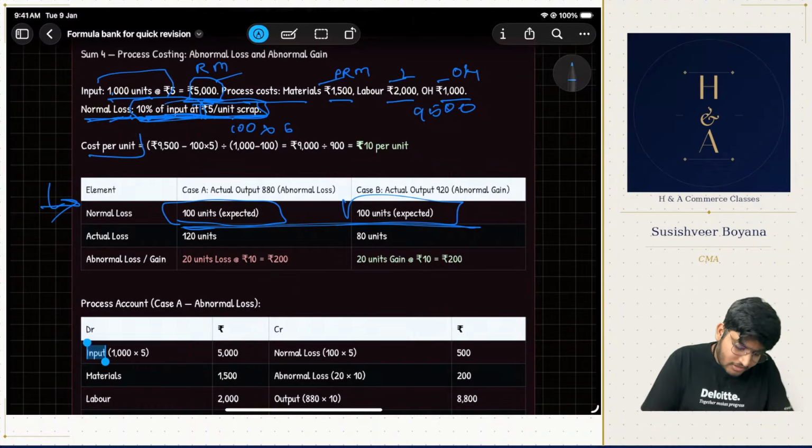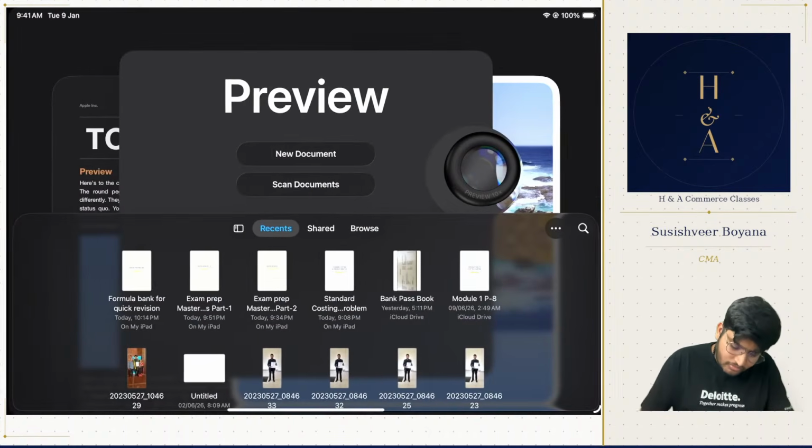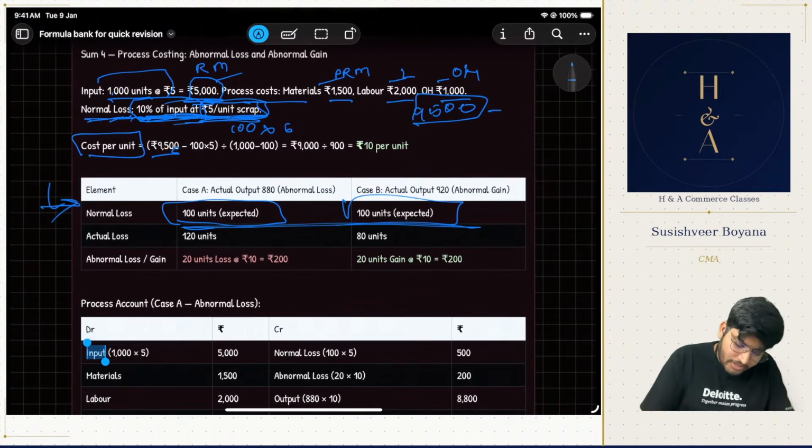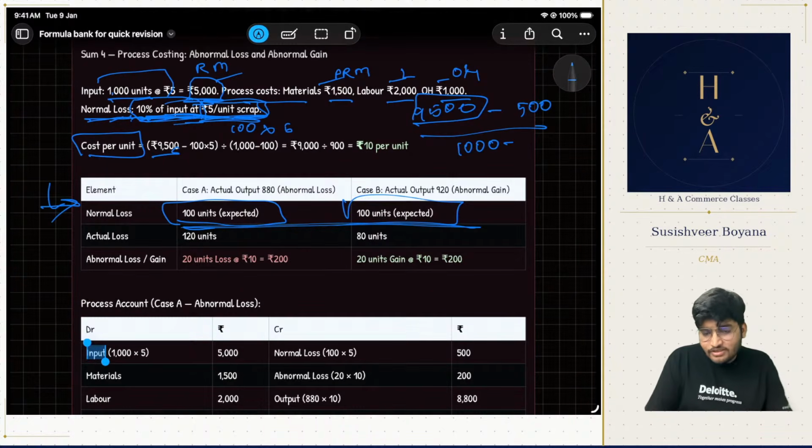So when I'm calculating cost per unit, 9,500 is the cost I've received, but I should remove the scrap value of the normal loss. That is 500, so 9,000 divided by the total number of units. Should I take 1,000? No. When you take 1,000, there is an estimated loss of 100, so we shouldn't be taking it. We have to reduce it, right?